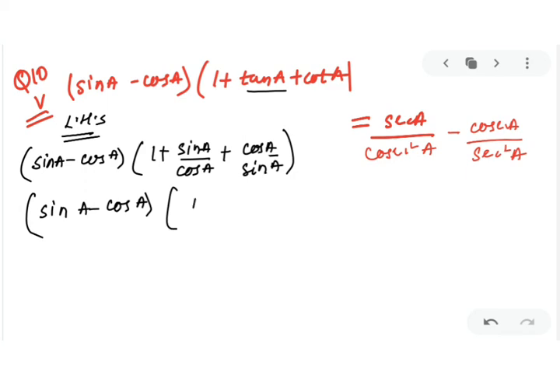I'll take the LCM of my required bracket. So it will be 1 upon nothing means here cos A. Okay, I can also do like this. I will multiply.